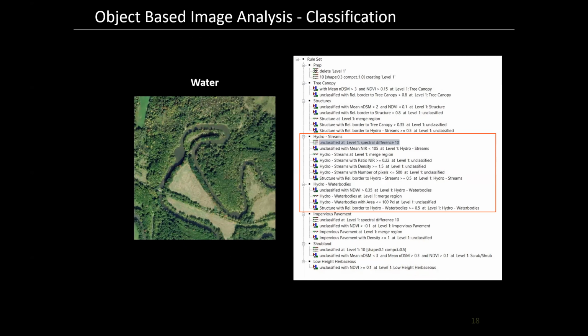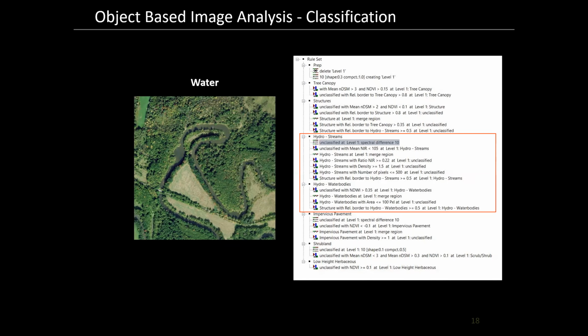So water was a little tricky and had to be done a little differently than the other classes. Streams and water bodies are very different shapes and sizes. Streams tend to be long linear objects, while water bodies tend to be, at least in this study area, smaller ponds, which are kind of round and circular shaped.